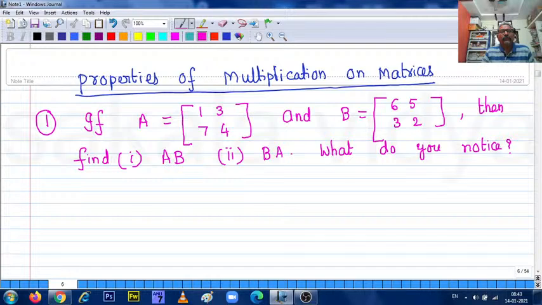If A is equal to 1374 and B is equal to 6532, then find AB and BA, and what do you notice? So that let us find out now. See, solution.